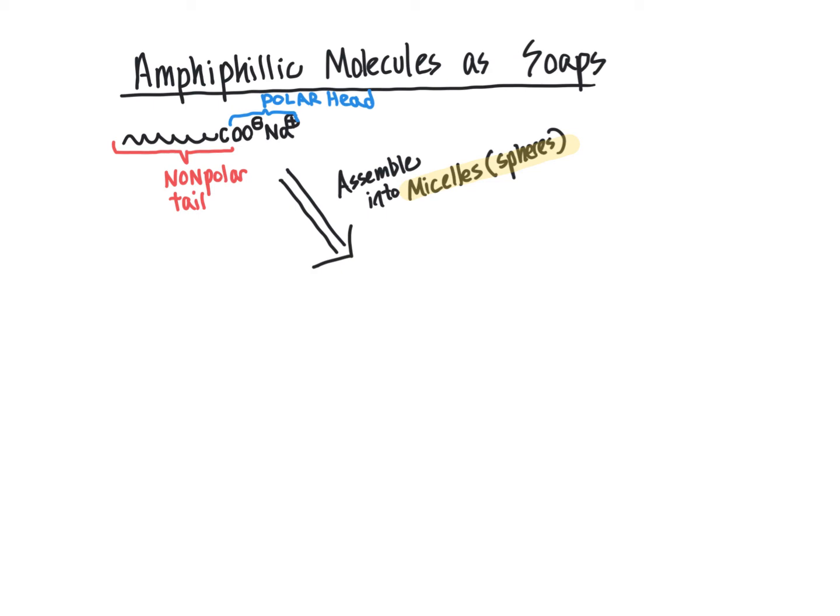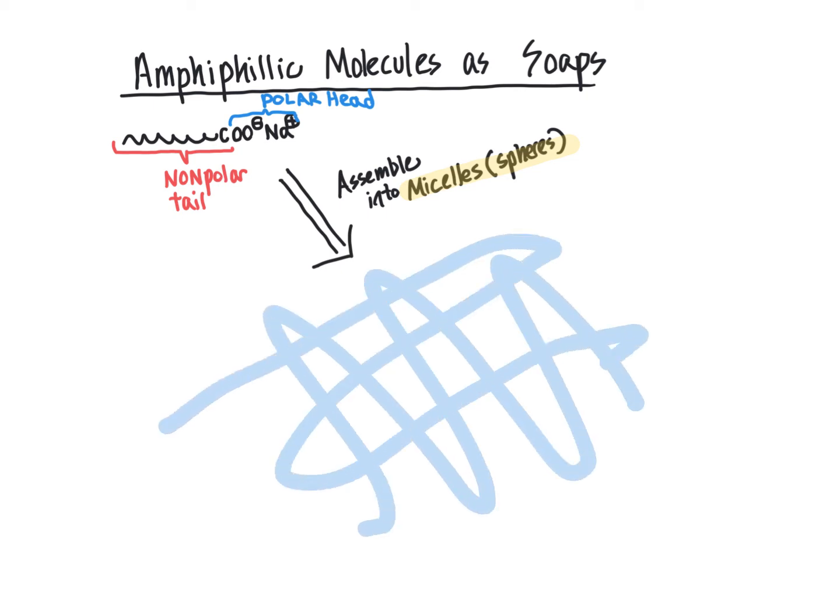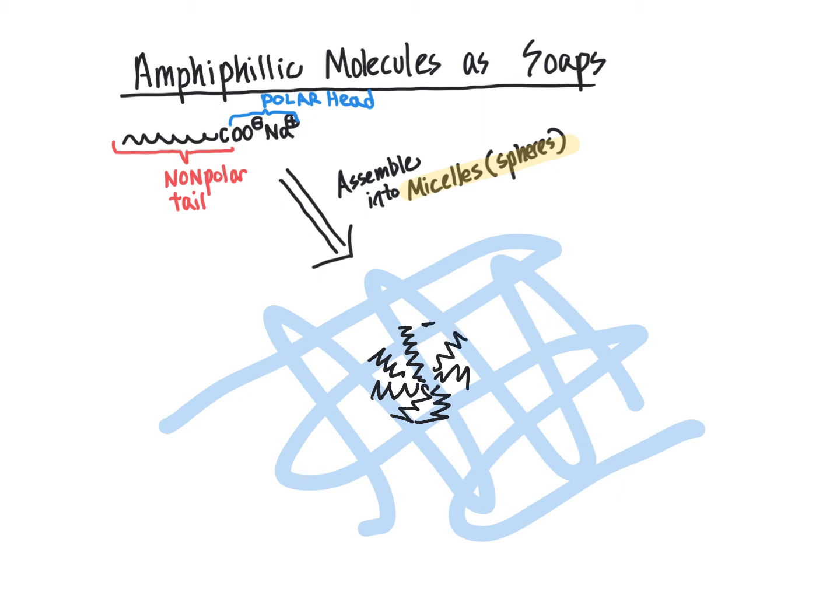Micelles are spheres where, keeping in mind that like molecules associate with like other molecules, what happens is in a solution of water, so this is my water solution here, drawn out in blue, the nonpolar tails will assemble toward the center of the sphere. So we're drawing a spherical molecule here, a ball, in other words, of micelle.